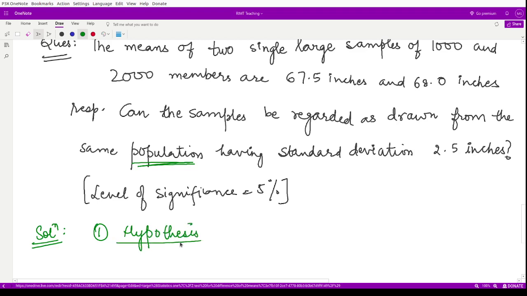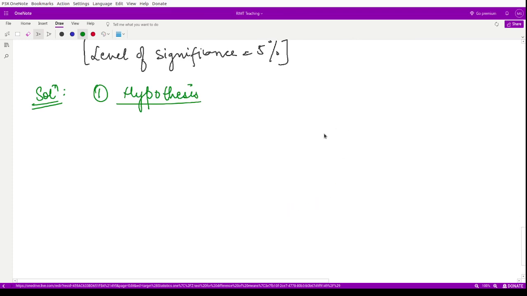Defining the hypothesis, our alternative hypothesis, because we want to judge whether the population is the same or not. So we may say our alternative hypothesis is that the means are not equal. So that means it would be a two-tailed test. And we will create our null hypothesis by saying that the two means are equal to each other, right?